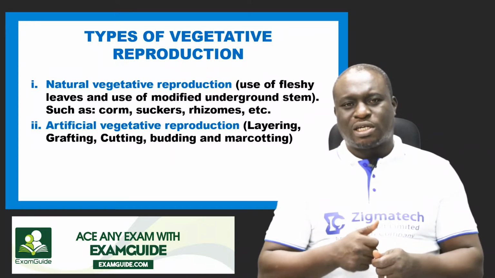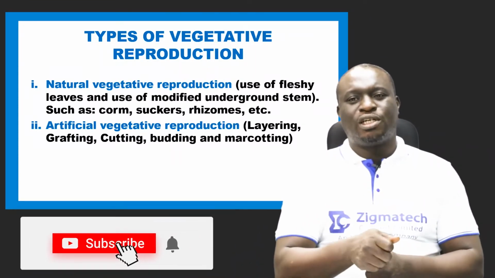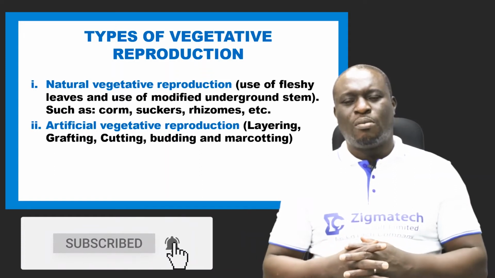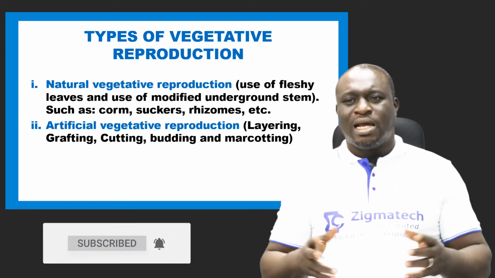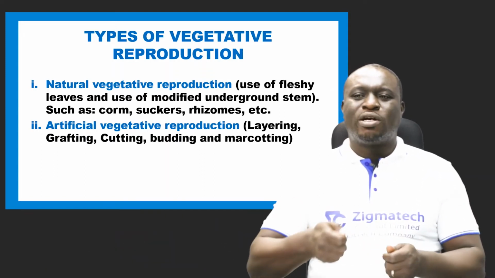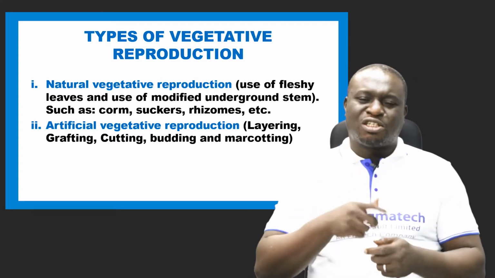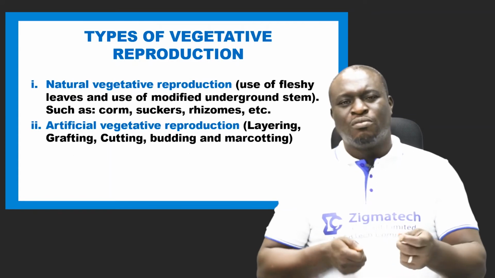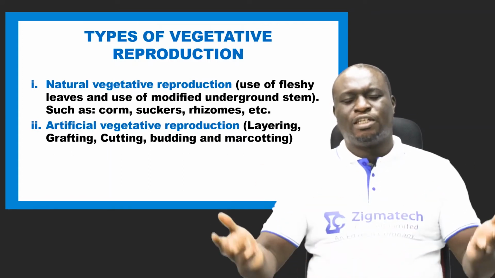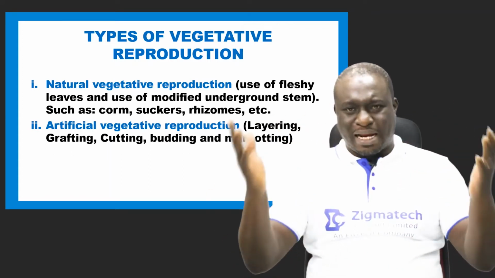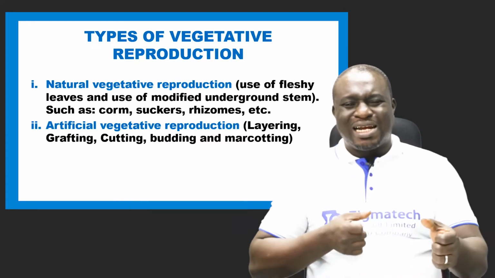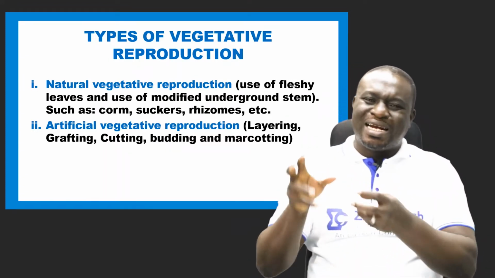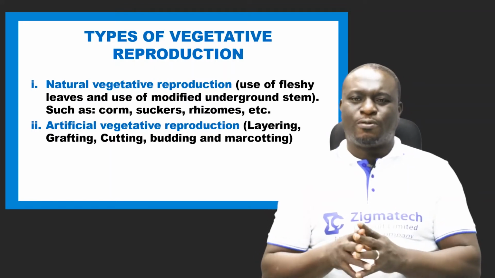There are cases where you can plant fleshy leaves and they grow into plants. Sometimes you plant modified underground stems, like the cassava plant. When you put it in the soil, it grows into a cassava plant. That is natural vegetative reproduction.